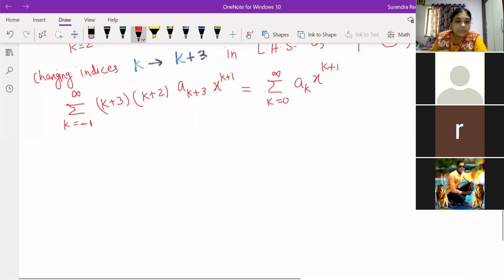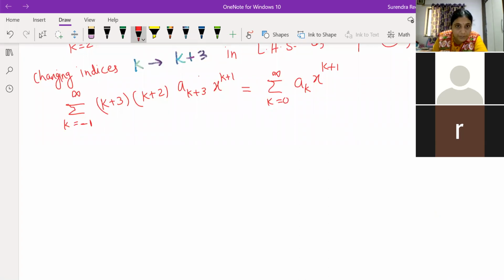So now you can see here these are the coefficients of x raised to k plus 1, and here the coefficient is just ak. Now if I compare the coefficients, here it is k from 0 to infinity, here it is k from -1 to infinity.